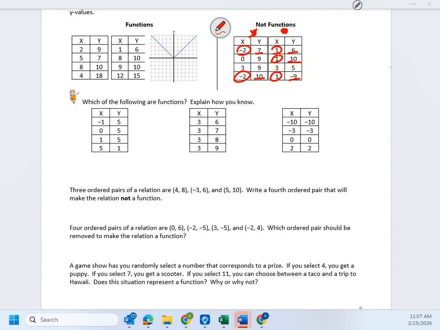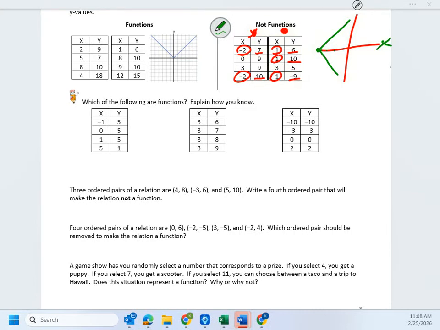Can't do that. On a graph, if we had that, why would that not be a function? What's wrong with it? AJ? So, we look here, these are all x's, right?